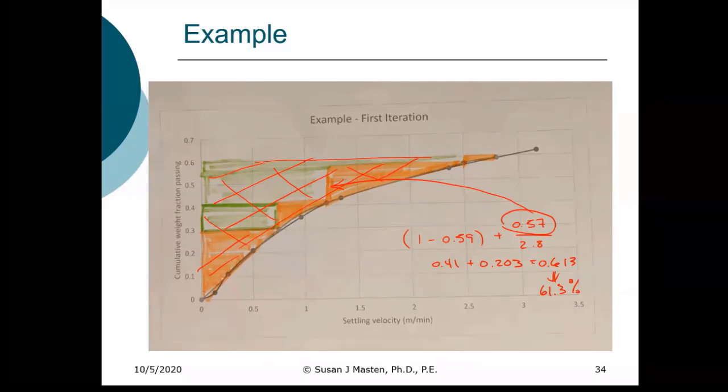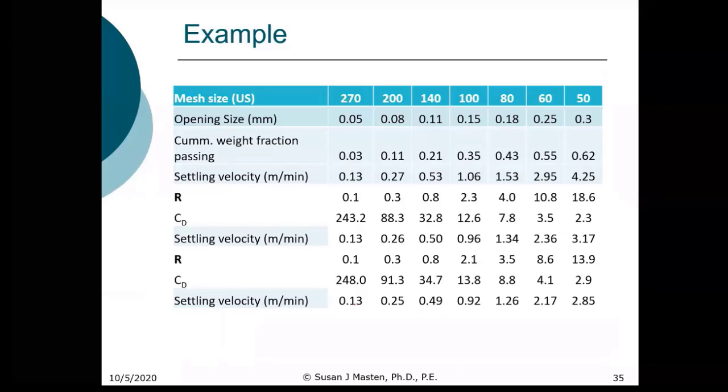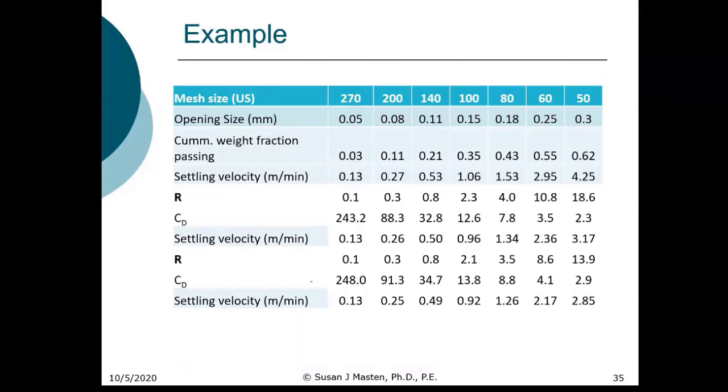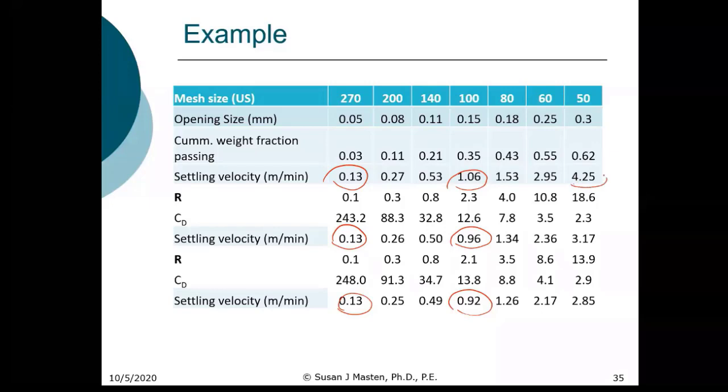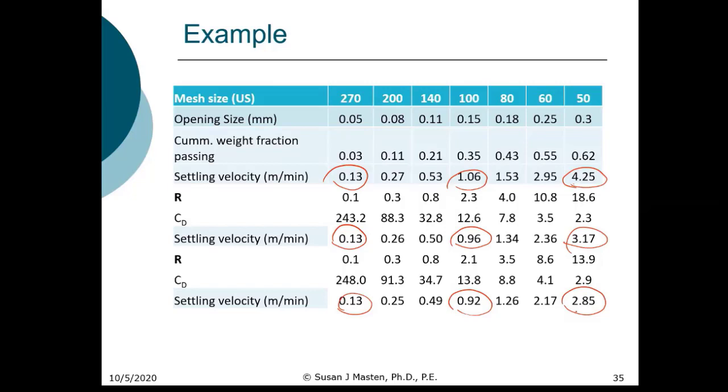So the question is, how many times do you need to do this? I did it a second time. And notice here, for the smaller size, there's no change. As the particle sizes increase here, you see that there is some change, and the most significant changes are actually at the higher size.